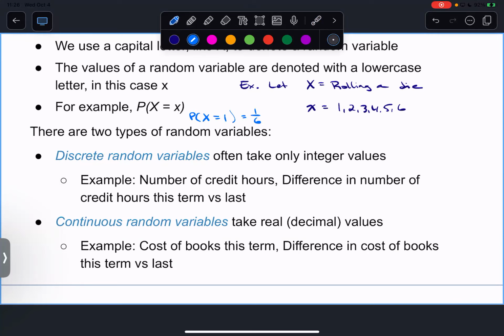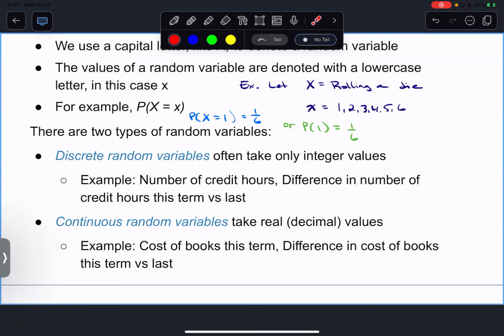Or if you're lazy like me, sometimes I skip the x equals and I just go straight for the probability of 1. You can only do that if it's obvious what the event is, right? But if you are in a question where you're talking about rolling a die, then you don't have to specify, okay, the probability that x is 1 is this. You can just say the probability of 1 is 1/6, you know, if you want.